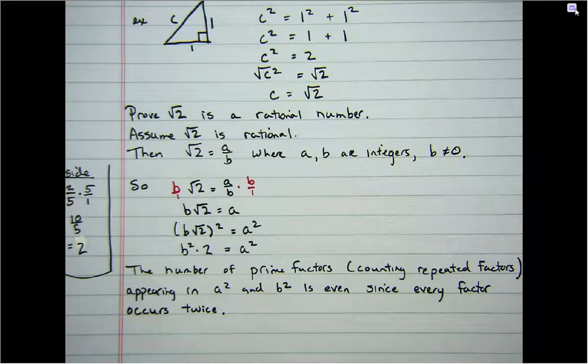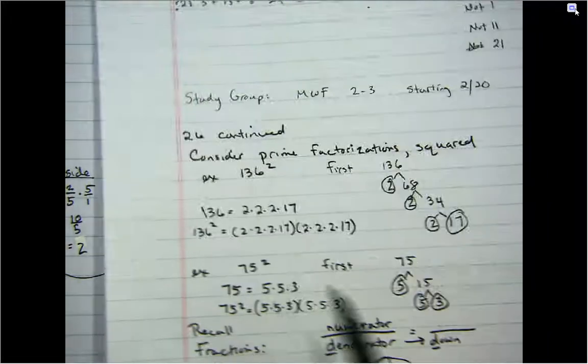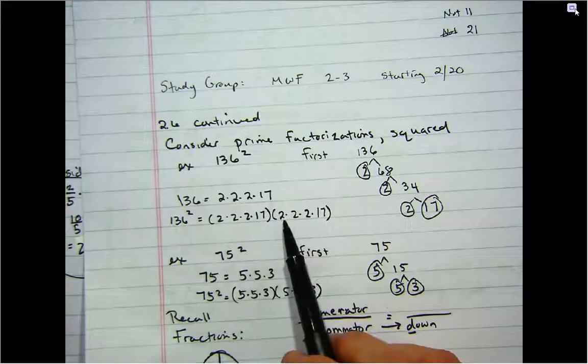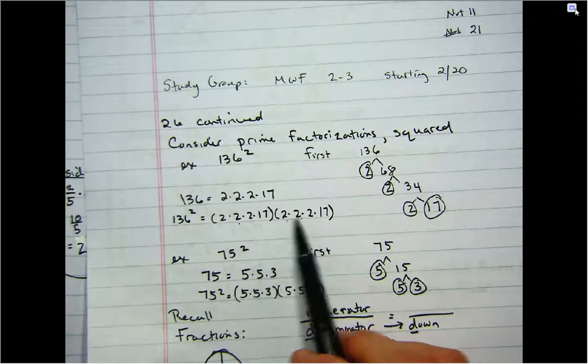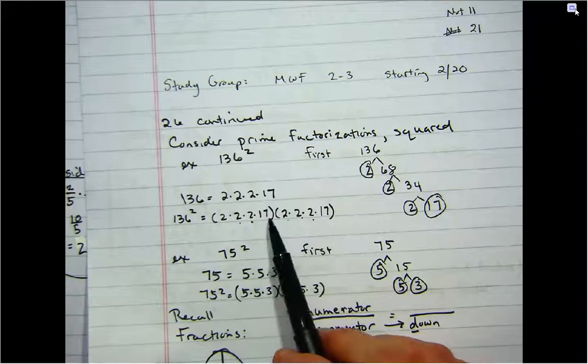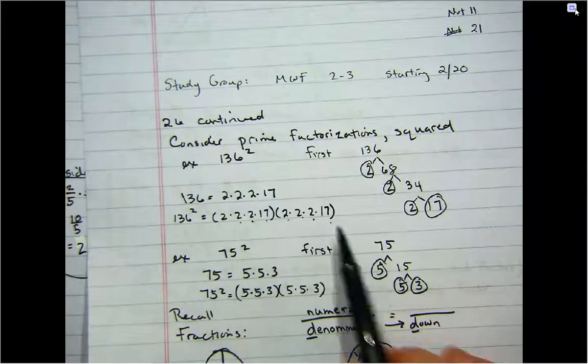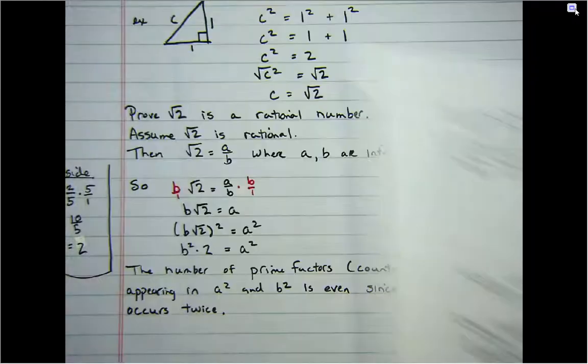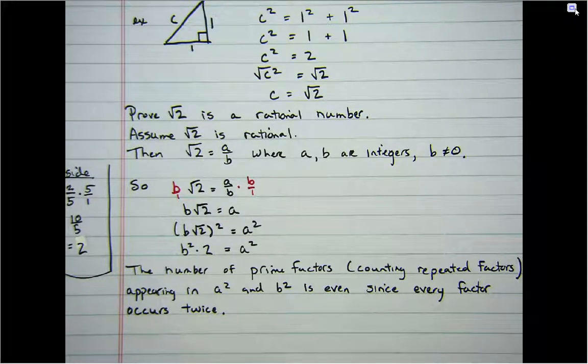So every factor is showing up twice, and that gives you an even number of factors. Again, the 2 is here, the 2 is here again. The second 2 is here, the second 2 is here. Third 2 is here, third 2 is here. 17 and 17. Every factor in a squared or b squared shows up twice. So you have an even number of factors. Why is that a problem? Does anybody see where the problems arise in here?